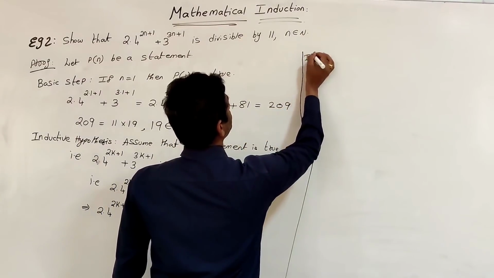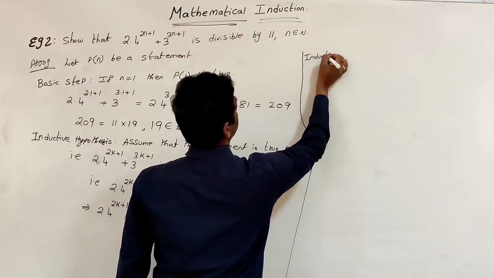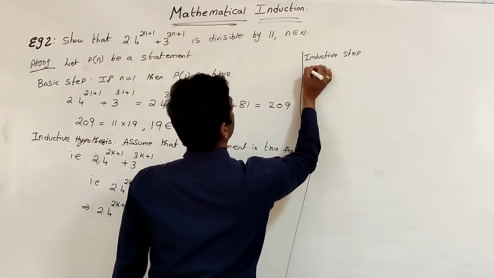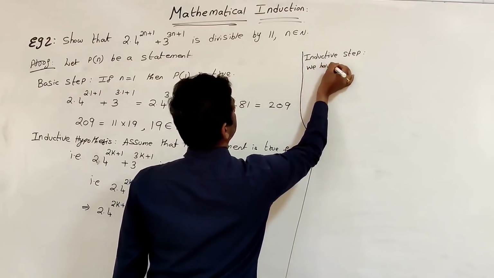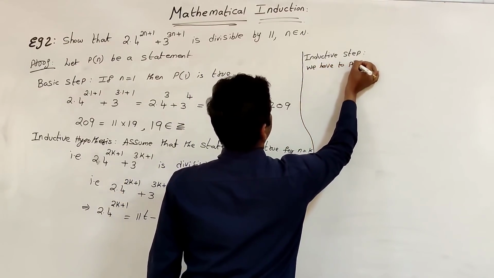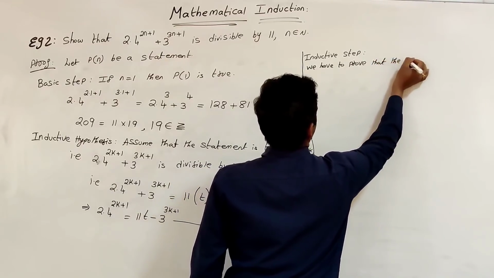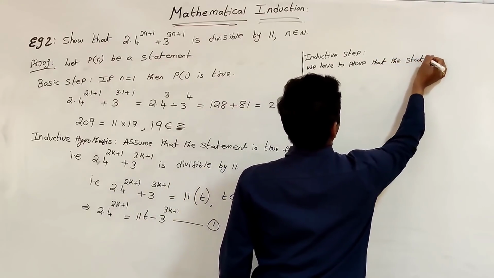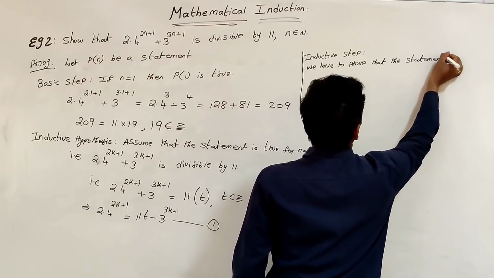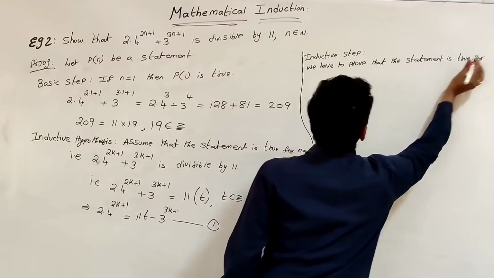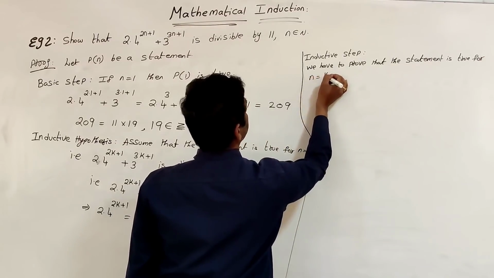That is the inductive step. We have to prove that the statement is true for n is equal to k plus 1.